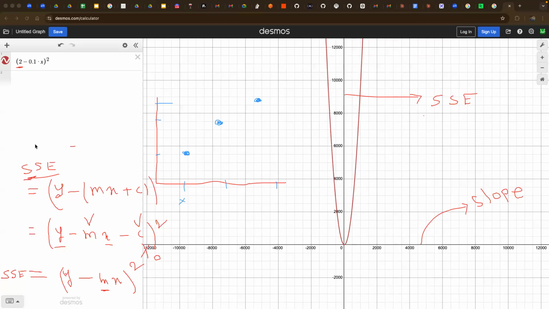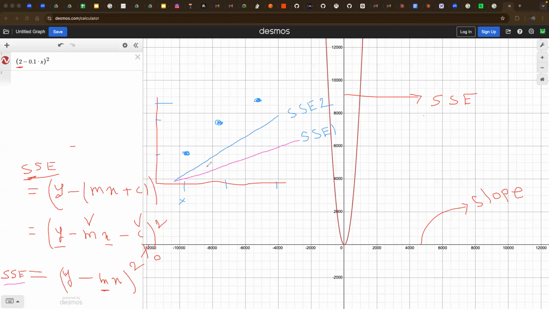Now, initially I had come up with a line equation or model which looks something like this, and there the sum of squared errors may be high. In the next iteration, I will adjust my line equation to something like this. Let us say SSE 1 is the sum of squared errors for the first line and SSE 2 for this line.